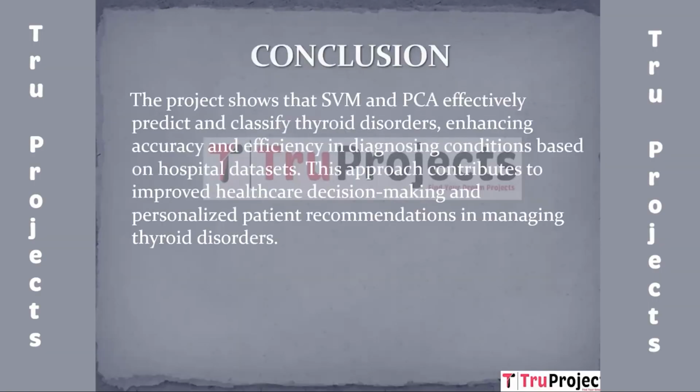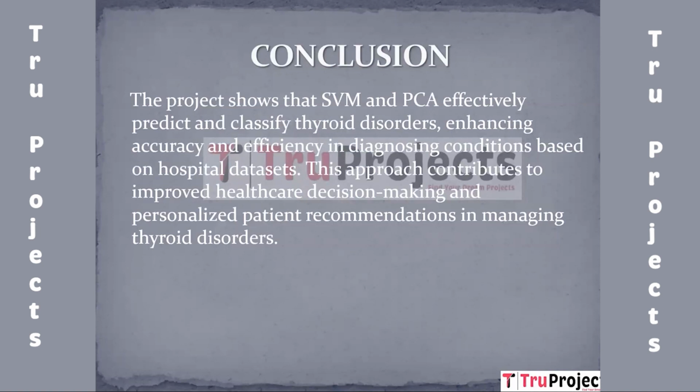Conclusion. The project demonstrates that utilizing support vector machine in combination with principal component analysis yields favorable results in predicting and classifying thyroid disorders. The successful performance of this approach highlights the effectiveness of using SVM with dimensionality reduction through PCA to handle complex medical data.